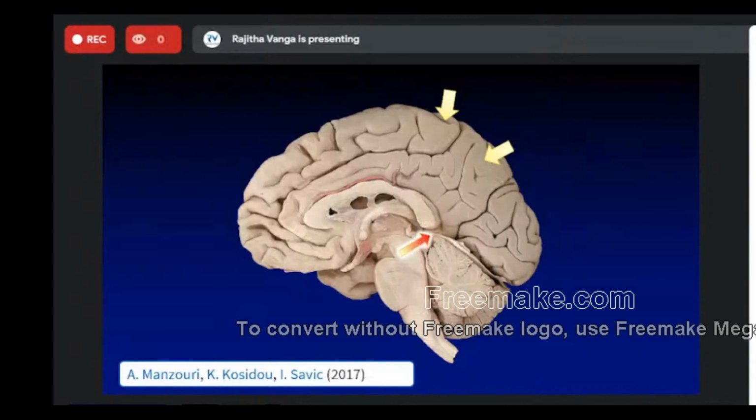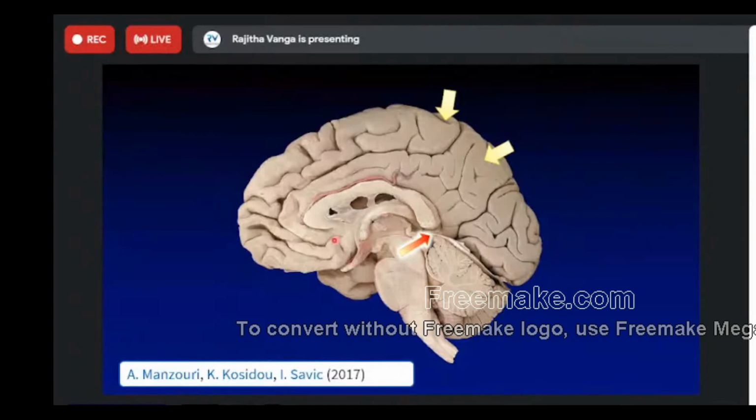So Manzouri demonstrated that the precuneus region, paracentral lobular region, parietal lobe, frontal areas and also the lingual cortical regions were comparatively thicker in transgender individuals, especially female to male, compared to cisgender controls.